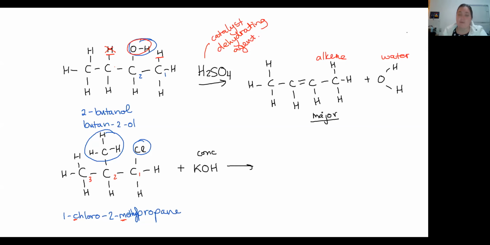Warning, there are 3 of them. Go for it. Oh, and remember, everything I want a structural formula, so show every single bond. Don't get lazy and don't get forgetful.